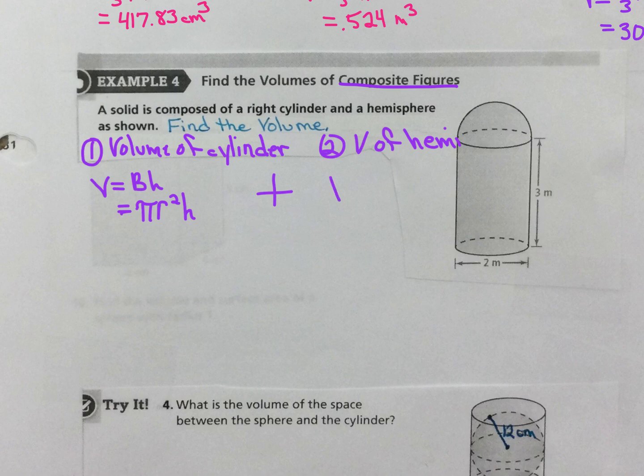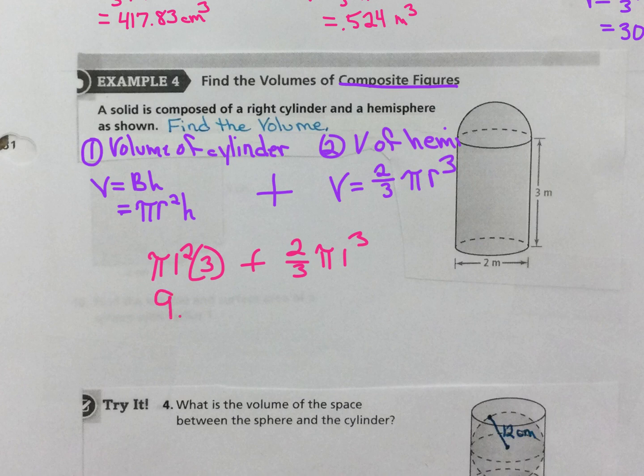plus the volume of the hemisphere, which is not 4/3 but 2/3 pi r cubed. So I have pi, r is 1, h is 3, plus 2/3 pi, and r is 1 again.